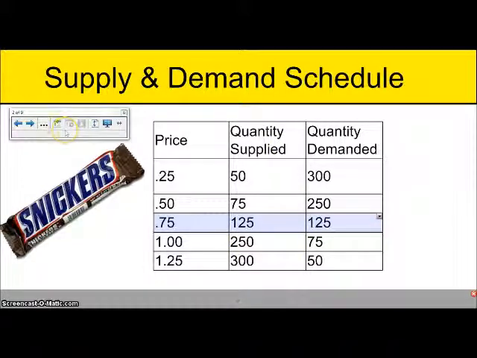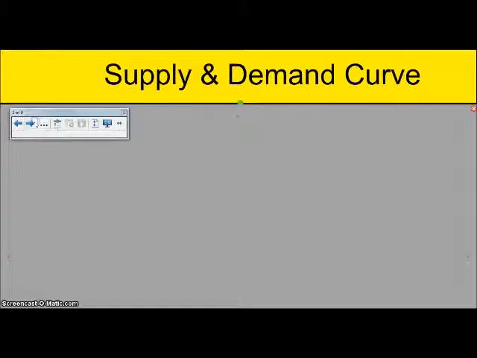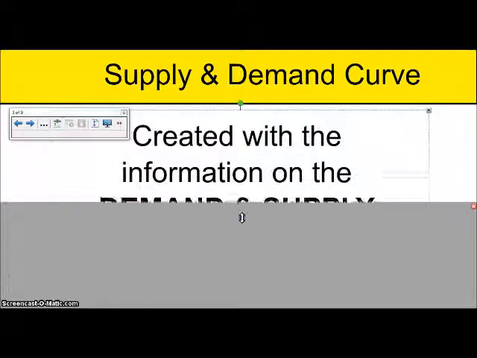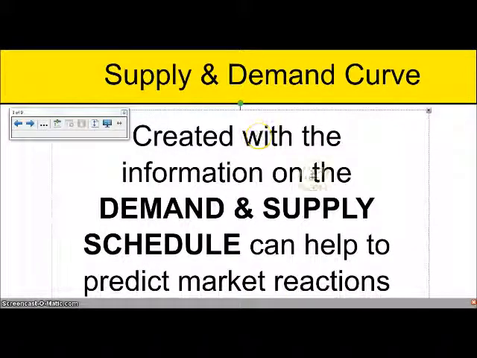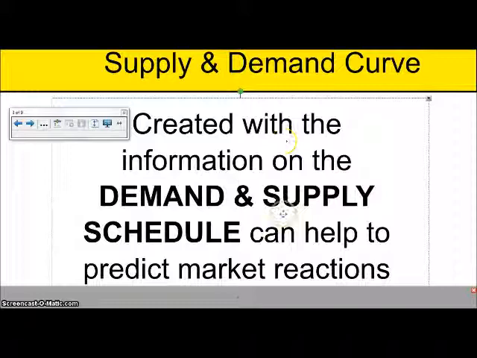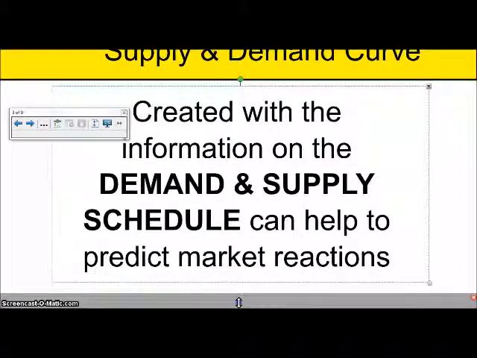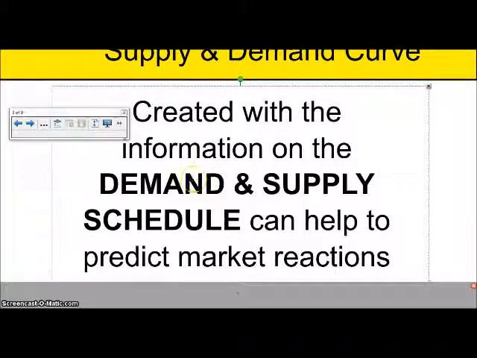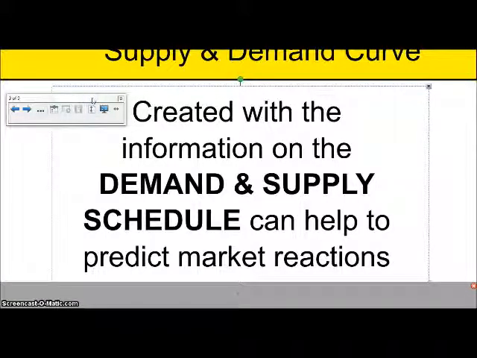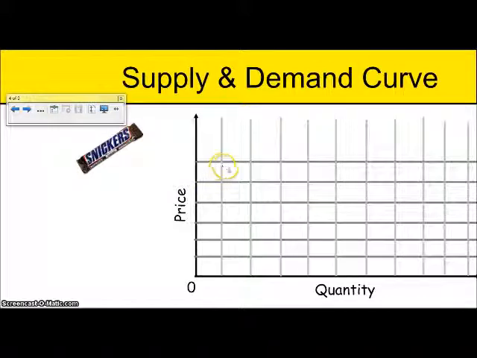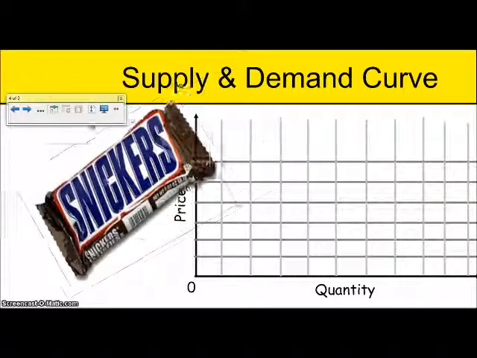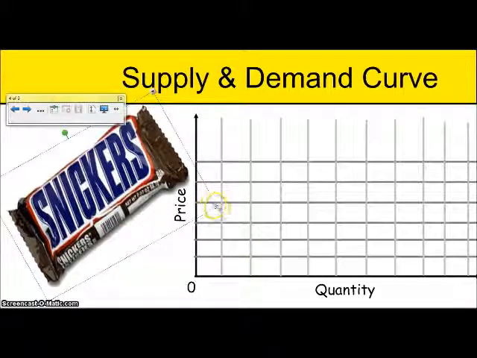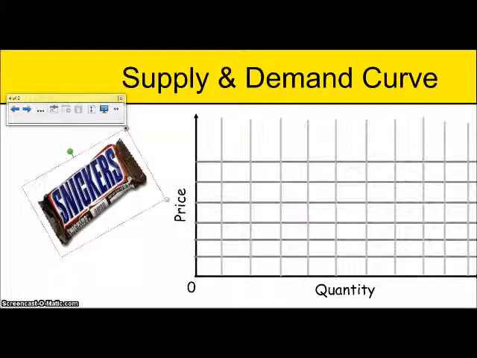It's much easier to see on our other tool, which is known as, of course, the supply and demand curve. This is created with the information that we recorded on our supply and demand schedule, and it can help us to make market predictions and to see how the market reacts to certain situations. All right. Once again, we're going to use our line chart to put information about the Snickers bar on there and to see what impact this will have on our market price.